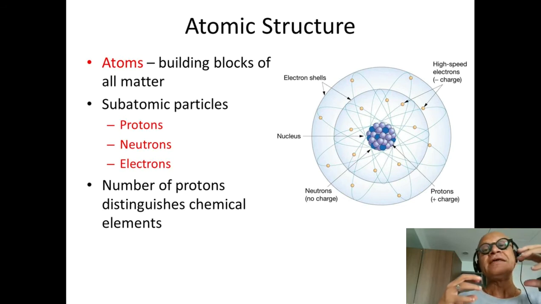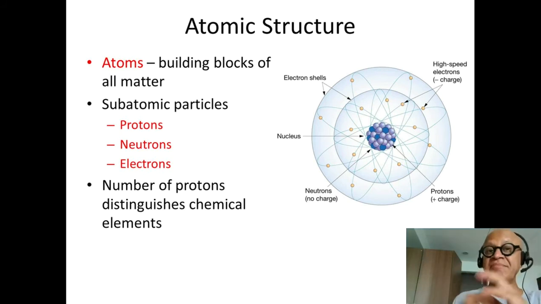So the number of protons is critical. That's what defines a particular element. Some elements, like hydrogen, may not have a neutron, whereas most other elements, starting from helium, have protons and neutrons. That gives us the mass of the atom. Plus you have a cloud of electrons.